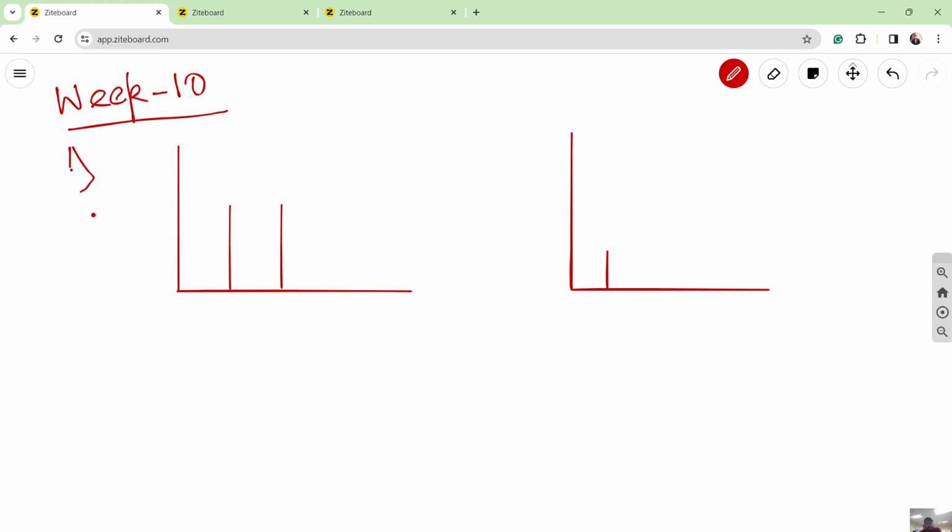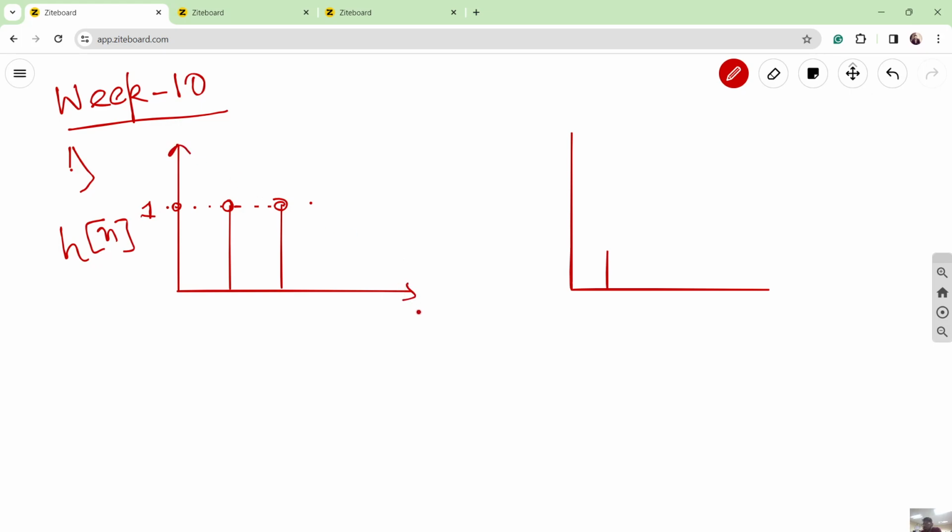So this is actually h of n. All the values are, this level is 1. This is h of n.